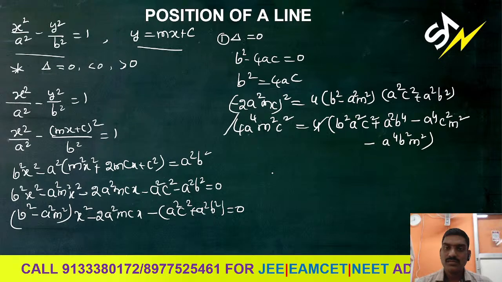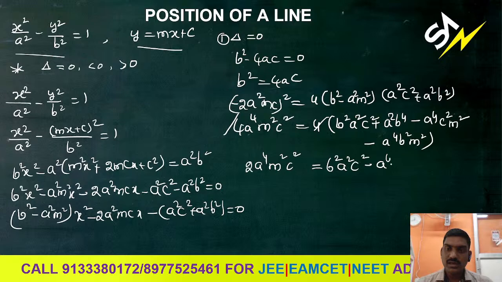Okay. And a power 4 m square c square is there. Here also we have a power 4 m square c square. So try to bring this term to the left hand side so that we can get 2a power 4 m square c square equals b square a square c square minus a power 4 b square m square. So here we have b square, here we have b square, but this side b square is not there.